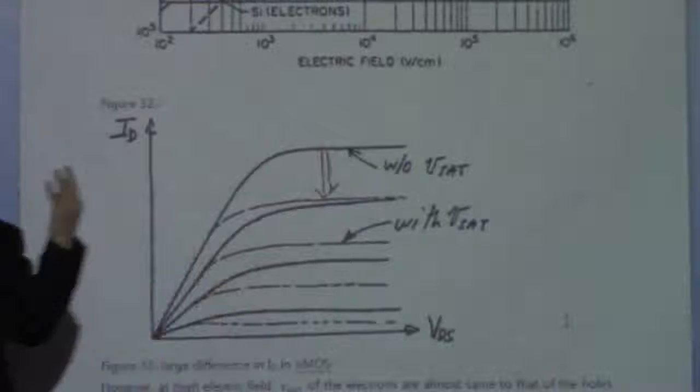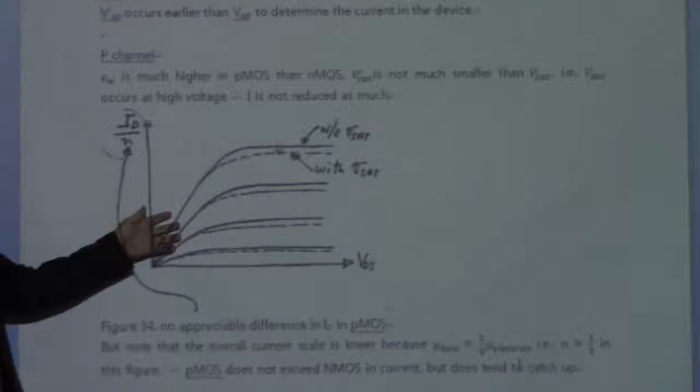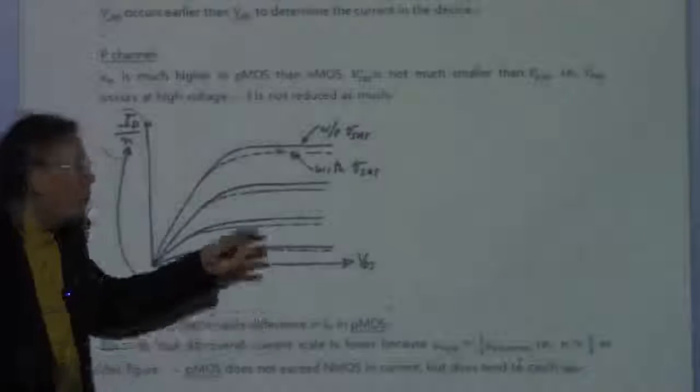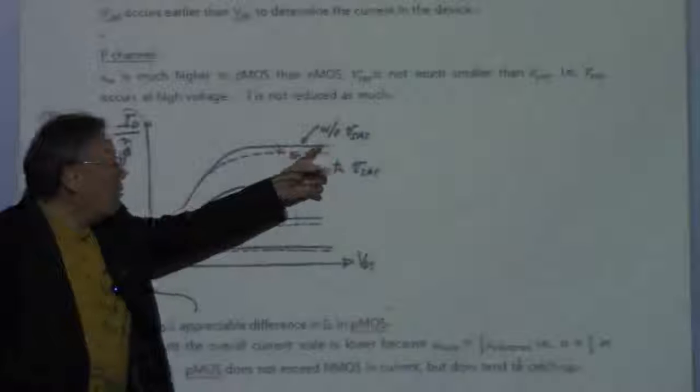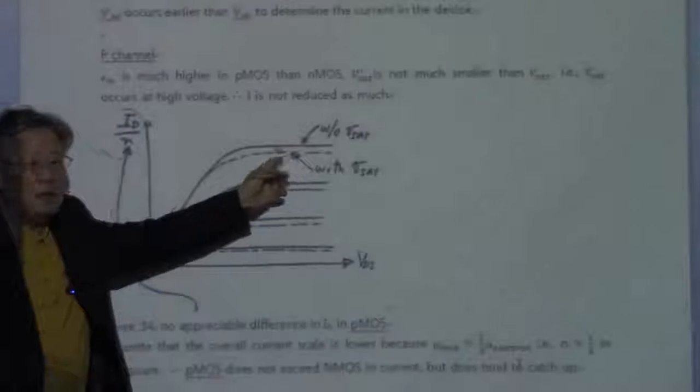It means that when it's saturated, the current is going to be diminished. But as you can see in this plot, this is about holes. And in case of holes, the saturated current is not much different from the non-saturated current.